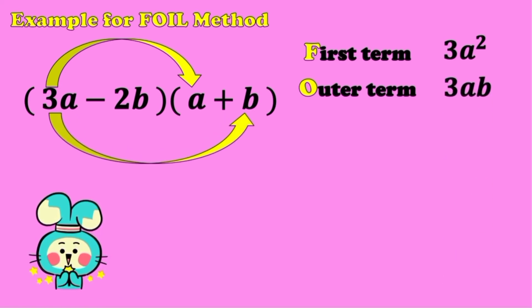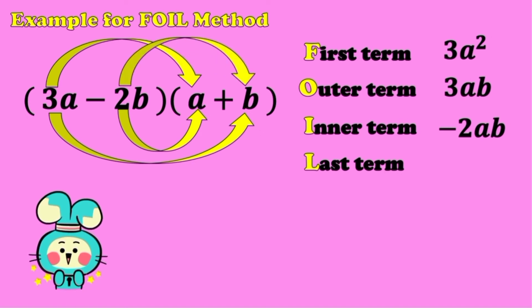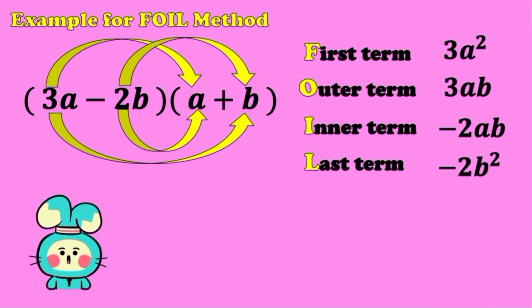Our answer is 3ab. Next one is the inner terms. That is negative 2b times a. The answer is negative 2ab. Finally, we have our last terms, negative 2b multiplied by b. The answer is negative b squared.